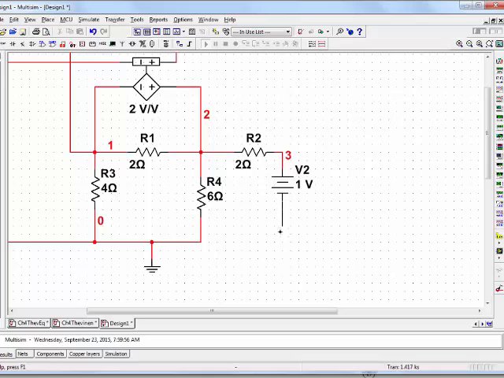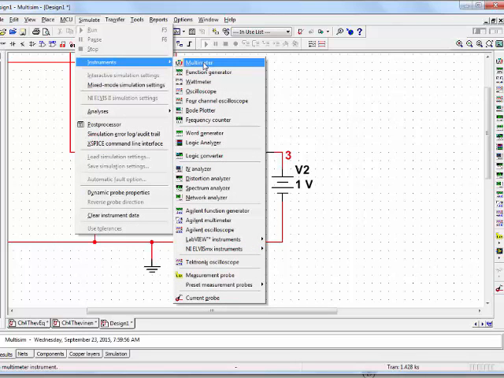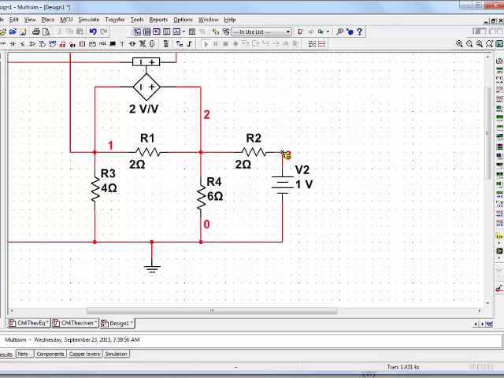Remember, I have my user options somewhere set so that I can see these node numbers. Let's do it the simple way right now, and then I'm going to show you the more complex way that the example in the textbook was showing you. I'm going to put on a measurement probe because that's really easy. There's my measurement probe.